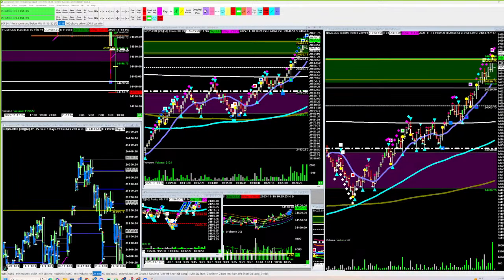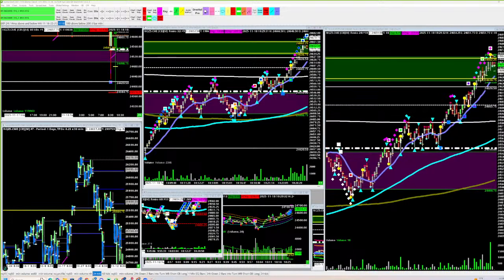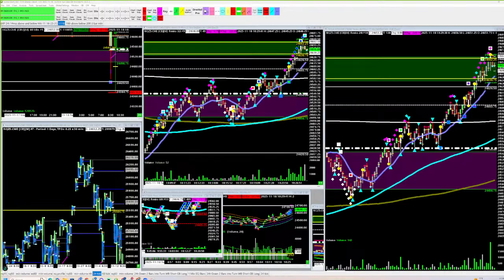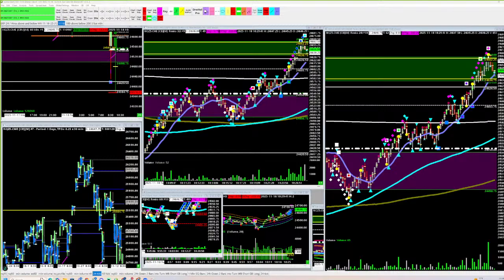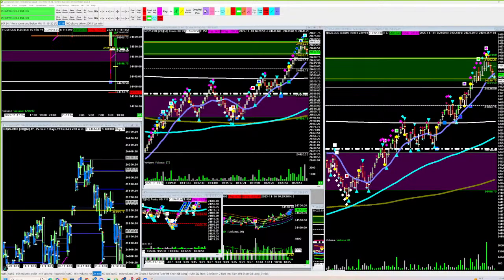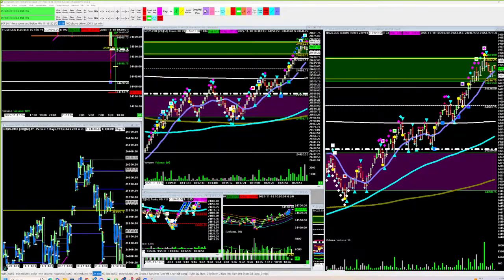Now, I do not know what happened there, but wow. Wow. What a run when they squeezed above that 549.50. What a squeeze. 100 points straight up. Just wow.